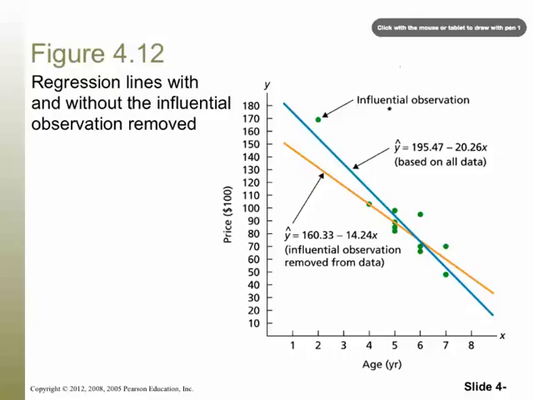So when would you remove the influential observation? It depends on the situation. All the rest of the data is clumped from 4 to 7 years, and since this point is outside of that, you're making a judgment whether it should be there or not.